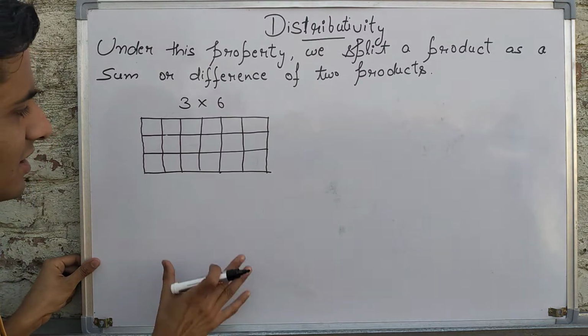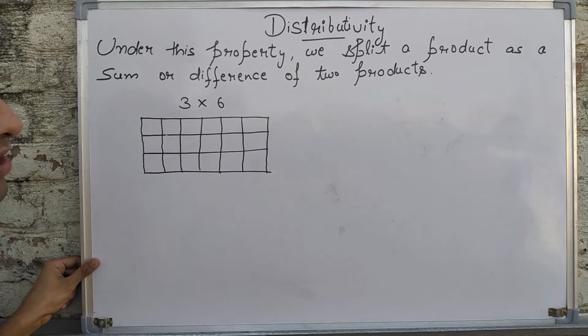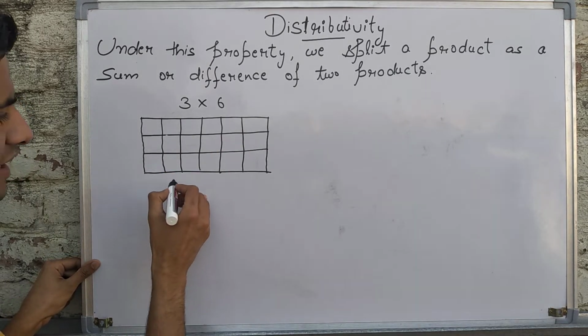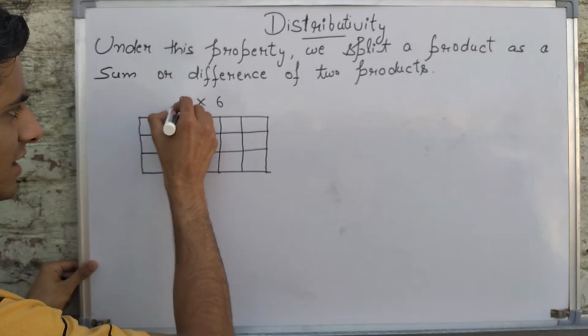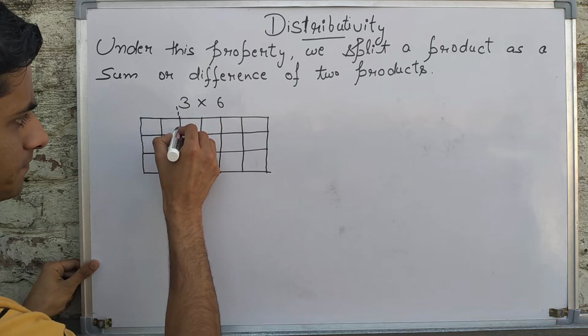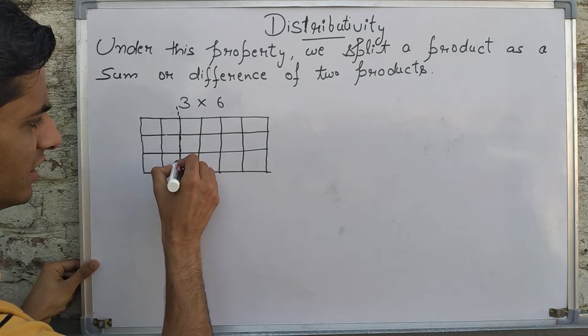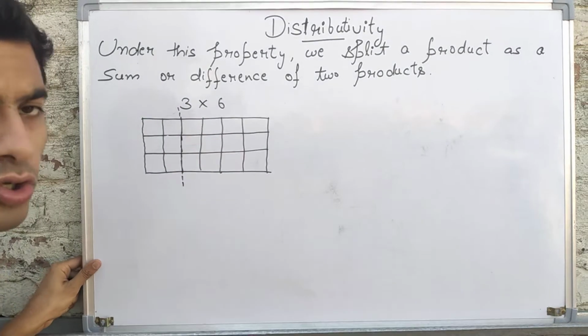This is the easiest way to show 3 into 6. Now we want to split it. Let us try to cut it from here. We have split it. We have distributed it into two parts.